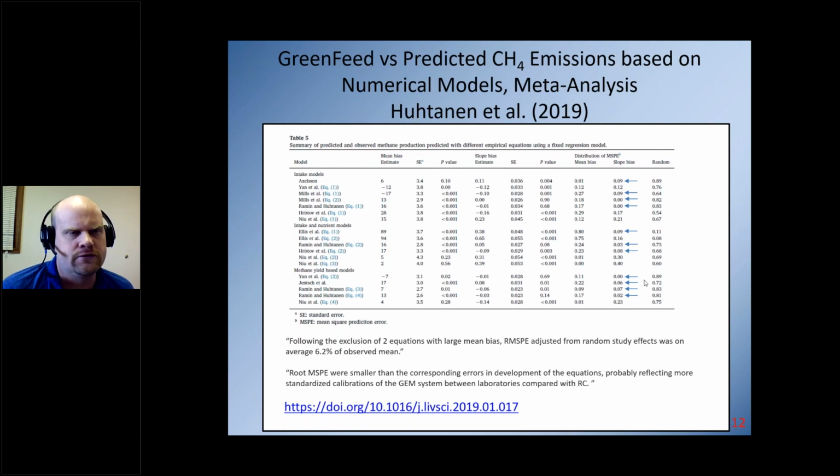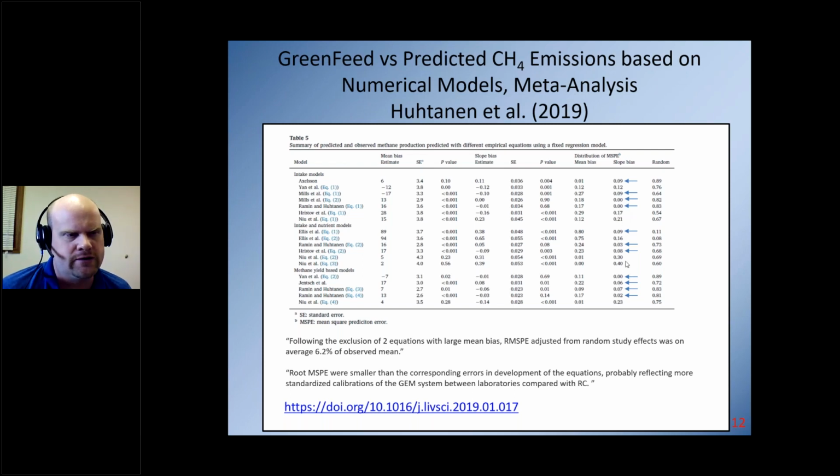What he found is that for a large number of the models, and this is again over, I think, around 70 different treatments around the world from various GreenFeeds in different applications with different types of animals, different types of feeding regimes and so forth, where we measured emissions using GreenFeed and then predicted emissions using various models, in many cases the GreenFeed actually really accurately predicted the model results for a large number of these models.